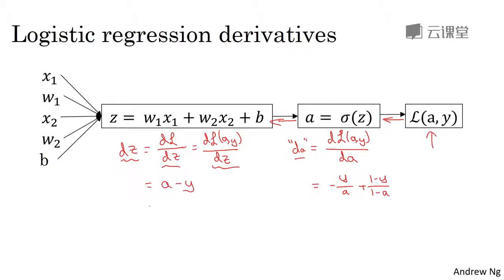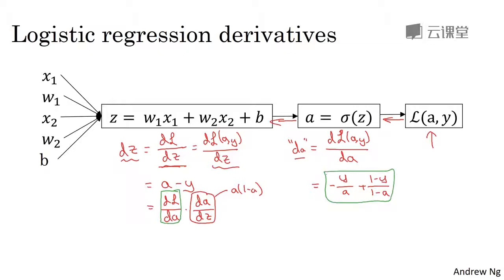Just a couple comments only for those of you that are expert in calculus. If you're not expert in calculus, don't worry about it. It turns out that dL/dz can be expressed as dL/da times da/dz, and it turns out that da/dz is a times 1 minus a, and dL/da we have previously worked out over here.